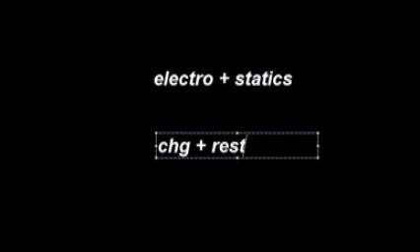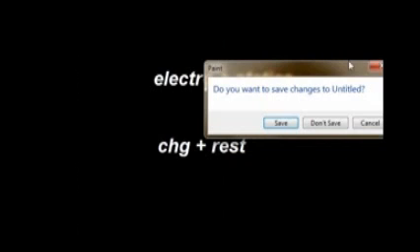So we're going to talk a lot more about charges, what are charges and what kind of charges are there. There are basically two kinds of charges. One is positive charge and the other is negative charge. This is a positive and this is a negative charge.